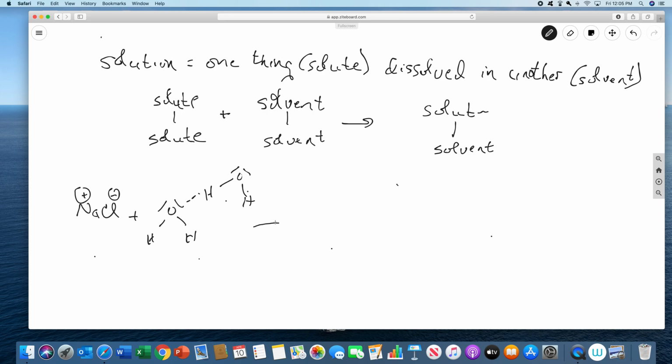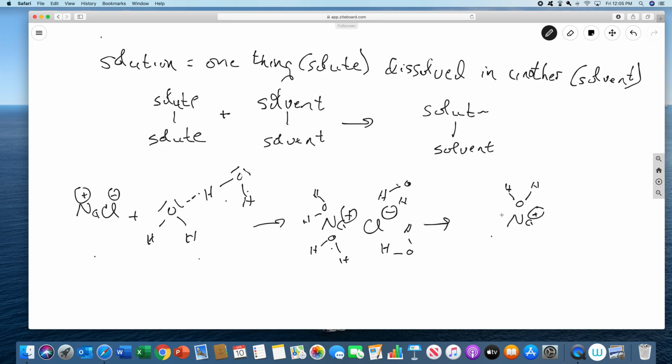As soon as you mix these together, the water molecules will arrange themselves around the sodium chloride, where the negative side of the water will be around the sodium side. Remember, the oxygen side of water is the negative side. I'm just going to draw two here. And the positive side of the water will orient itself around the chlorides because the chlorides are negative. So you see how the water molecules are orienting themselves? And then, give it some time, and you'll have each ion surrounded by water molecules.